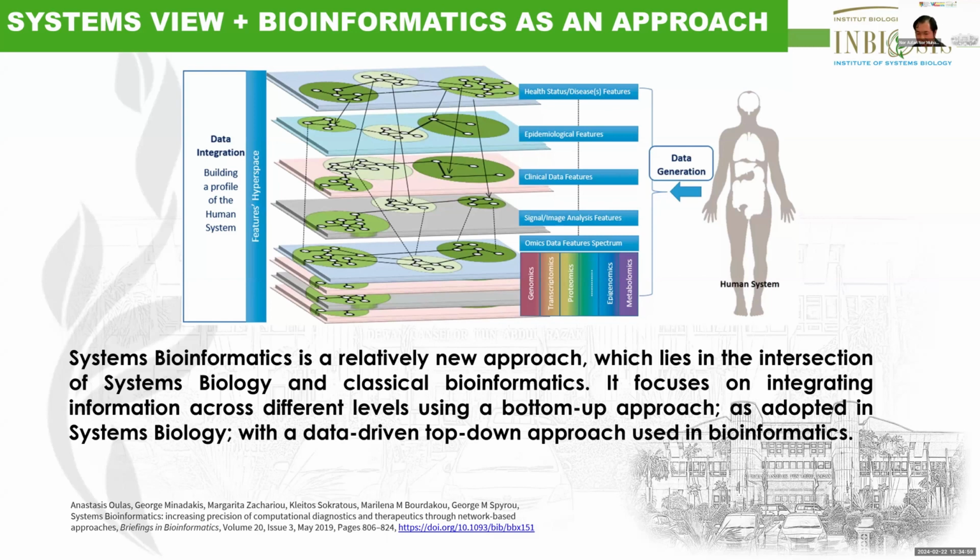But in systems bioinformatics, we want to adopt a different view, which is a top-down approach, which is basically the definition of systems. We see the overview from the top. How do all these genes or proteins or metabolites interact with each other, and how does it relate to the biological feature of that system?